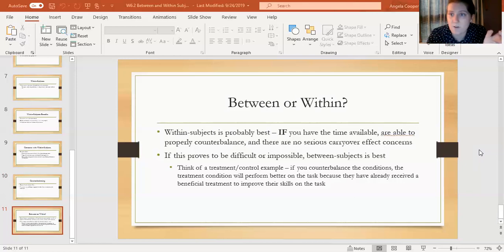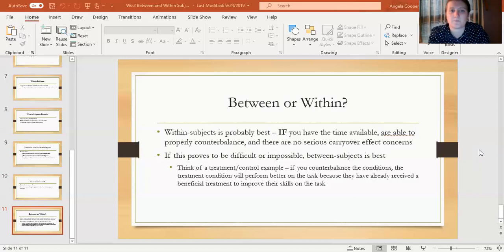However, sometimes it's difficult. Sometimes we don't have the time available to get participants to come back, or we don't have time to properly counterbalance based on what our conditions are. Maybe they're just really time consuming, or it's too hard to switch. Maybe you only have the equipment for a designated day, and you can't get people to do a within subjects design and counterbalance if you only have one day to get everyone in there.